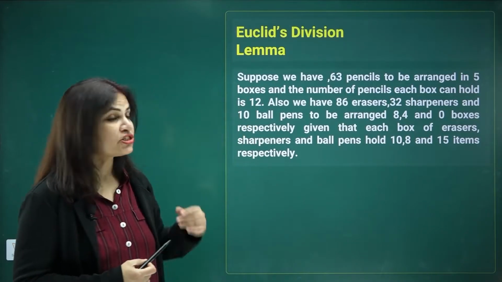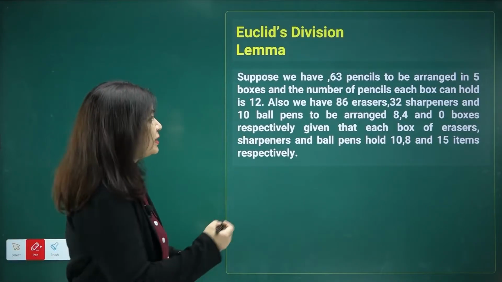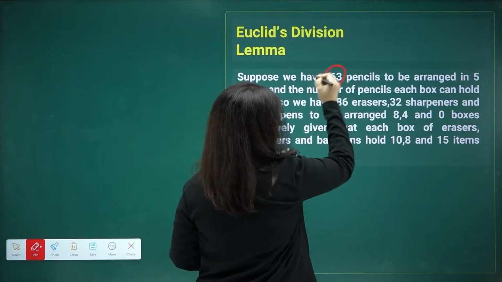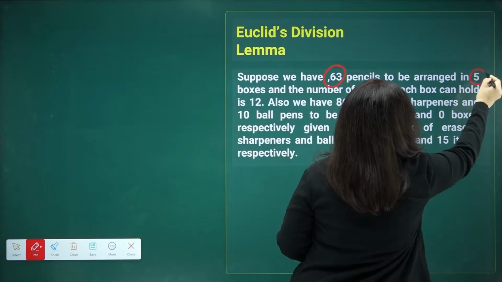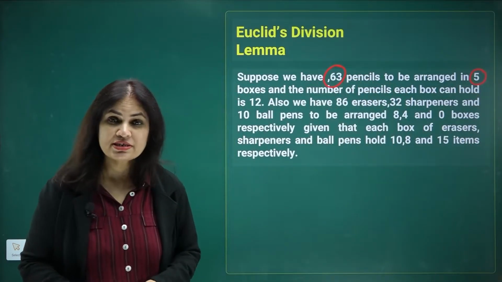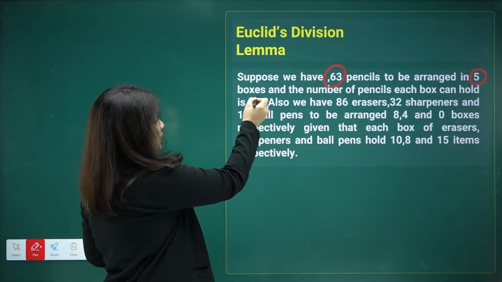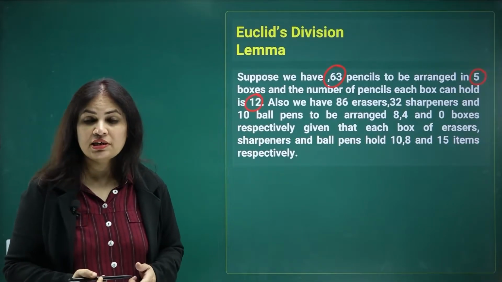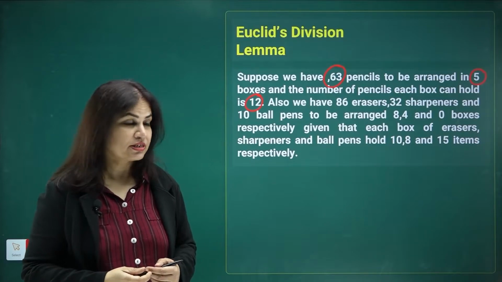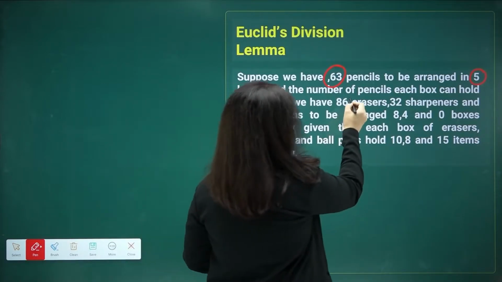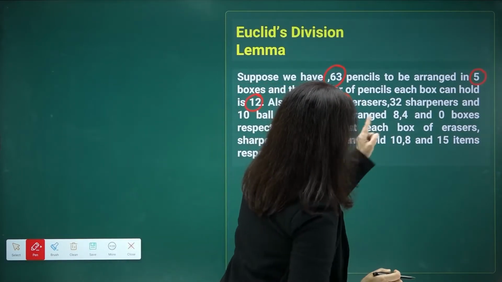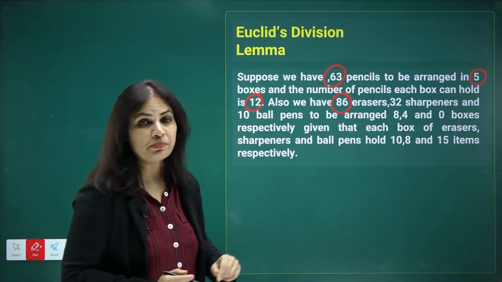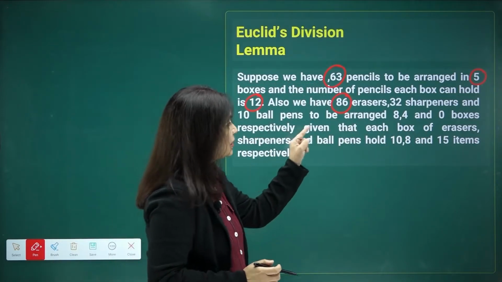Suppose we have 63 pencils to be arranged in 5 boxes. We have 63 pencils and 5 boxes, and each box has a capacity to hold 12 pencils. Also, we have 86 erasers, 32 sharpeners and 10 ball pens to be arranged in boxes.